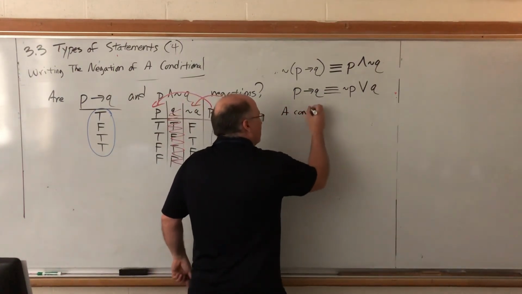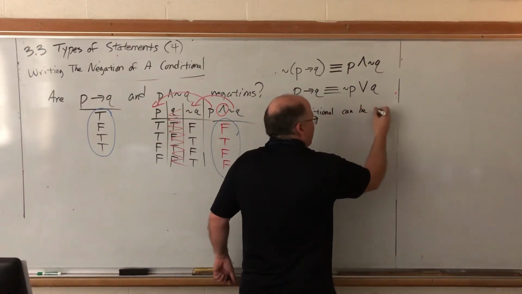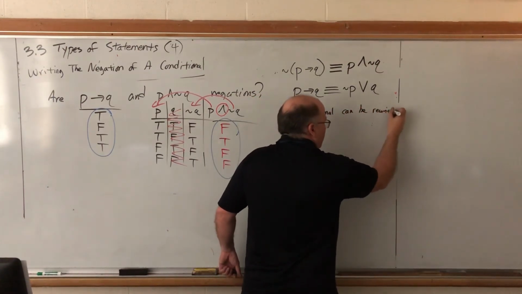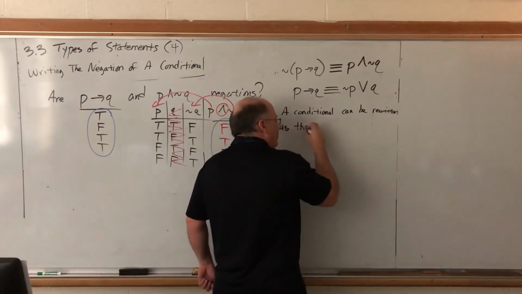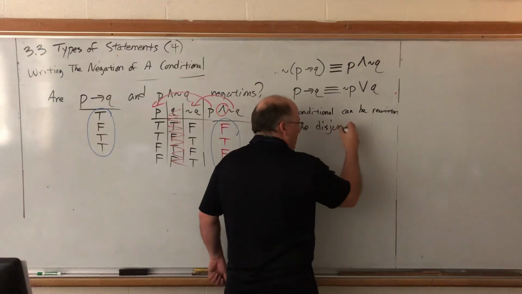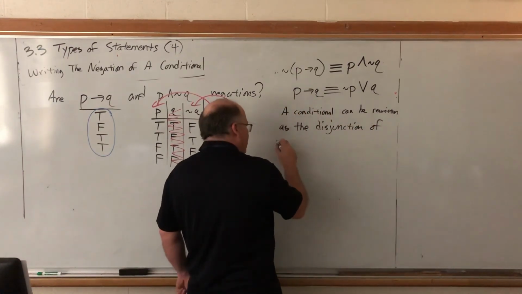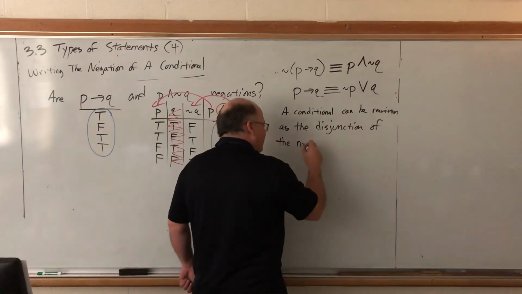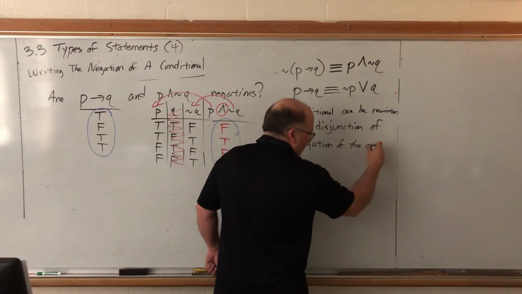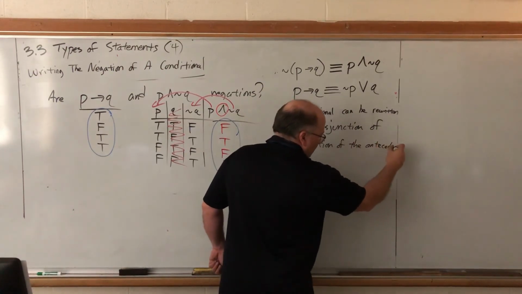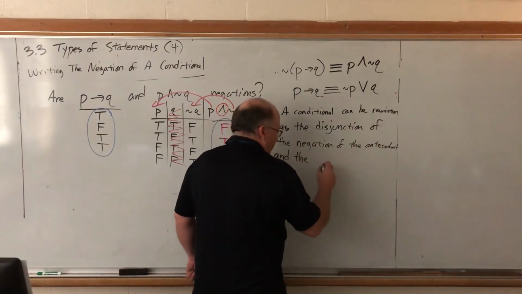A conditional can be rewritten as the disjunction of, here comes some more vocabulary, the negation of the antecedent and the consequent.